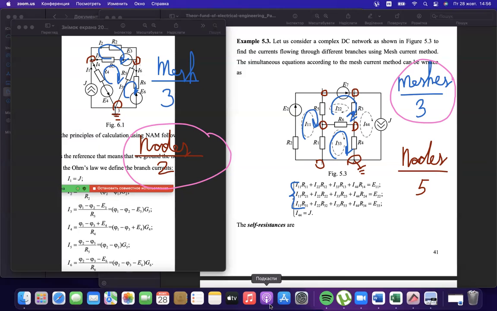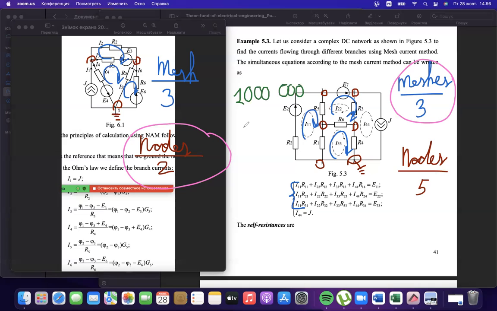But if you have a large system, it could include thousands or hundreds of thousands of elements. For example, if you have 1,000 or a million elements, it is quite important which is better.